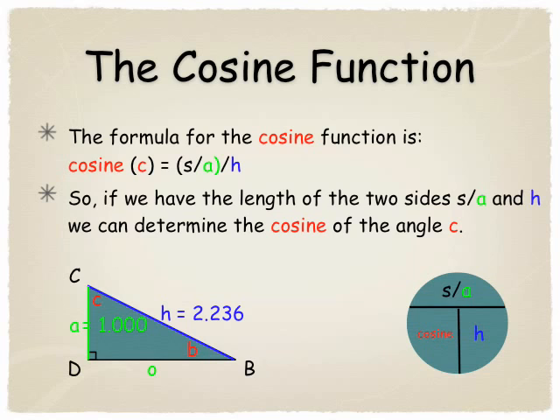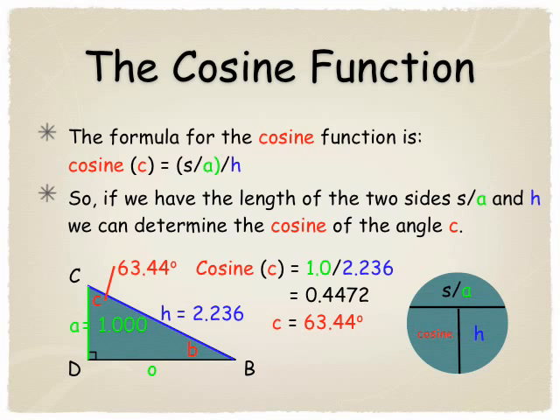So if we have the length of the two sides, the hypotenuse of 2.236 and the side adjacent of 1.0, we can determine the cosine of the angle C to determine the angle C. Plugging these figures into the equation, we find that 1 over 2.236, or 0.4472, is the cosine of the angle C. We look this up in a table and it shows us that the angle C is once again 63.44 degrees.